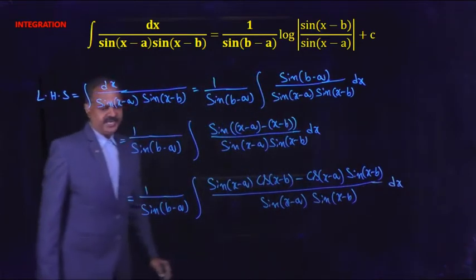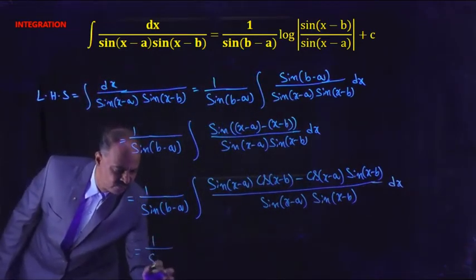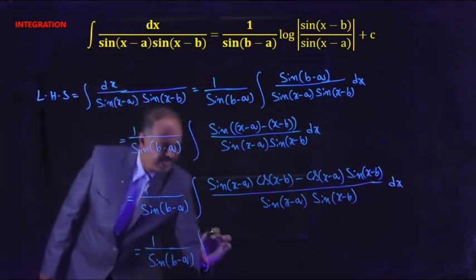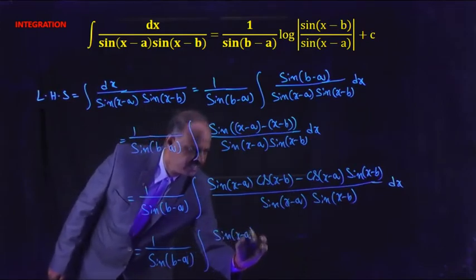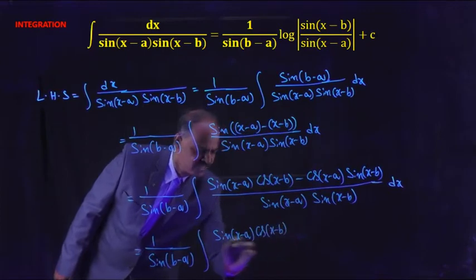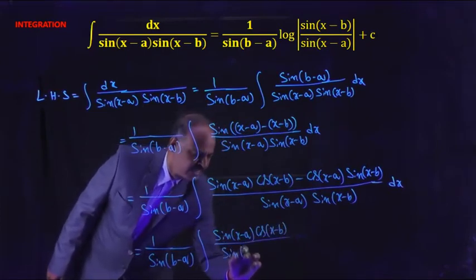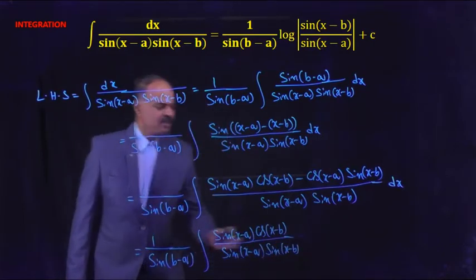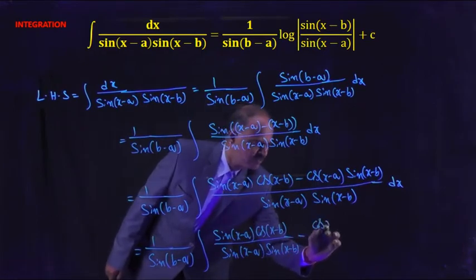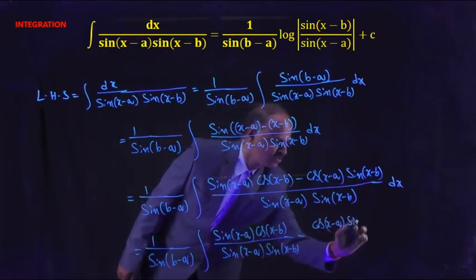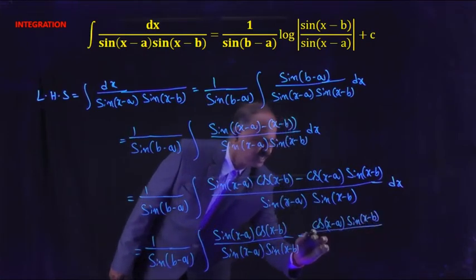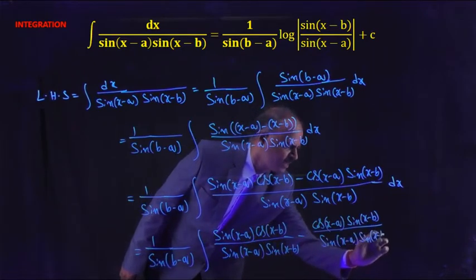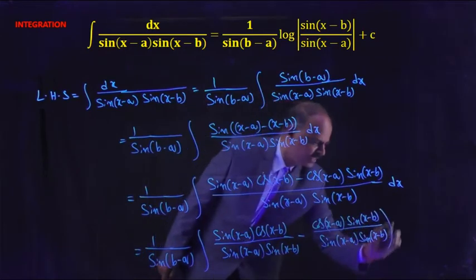Now this can be written as 1 by sin of (b minus a) into integral sin of (x minus a) into cos of (x minus b) by sin of (x minus a) into sin of (x minus b), minus cos of (x minus a) into sin of (x minus b) by sin of (x minus a) into sin of (x minus b), into dx.